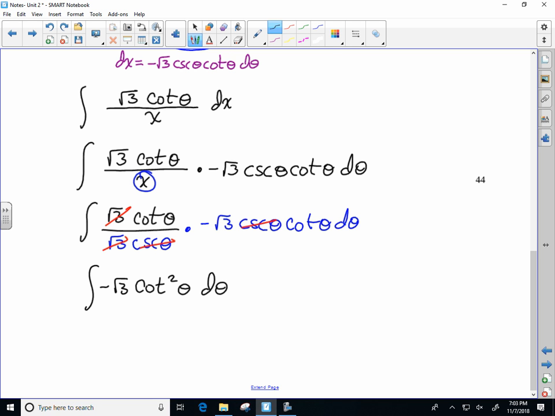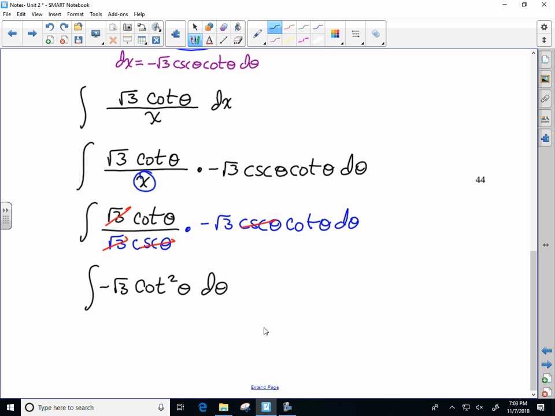So then, right, we have a cotangent squared. Now, if I had like a cosecant squared or a secant squared, I could easily find the antiderivative of that by rule.